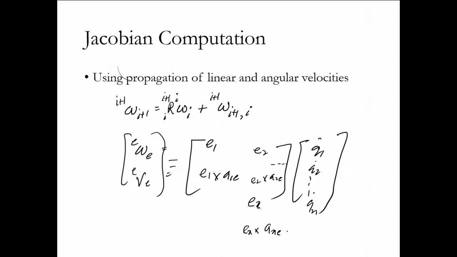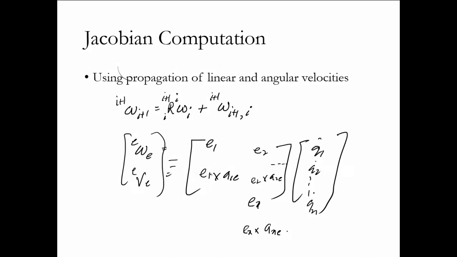It's very important to know that there is a difference between the joint being prismatic and revolute. Directly from the configuration of a robot you can find out if the joint is revolute, and then this type of thing holds true. But if the joint is prismatic, then this part will go to 0 and this part will go to just e, where e denotes the axis of the joint, which is the Z axis in our case.